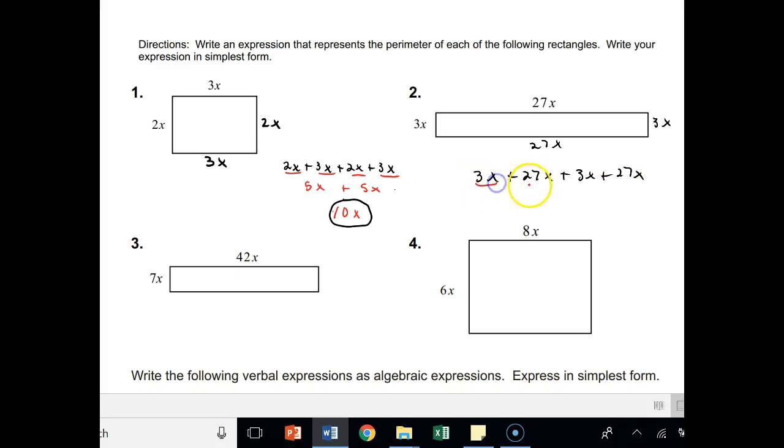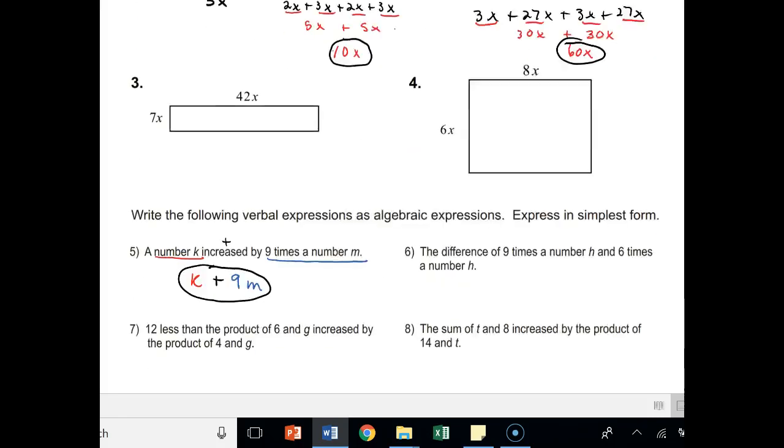My like terms are everything. So 3x and 27x, that's 30x, and then 3x and 27x, that's 30x. So we could write down 30x plus 30x, and obviously that's going to give us our answer of 60x as our perimeter, because 30 plus 30 is 60. And make sure you circle your answer.